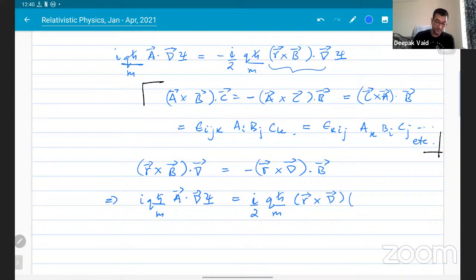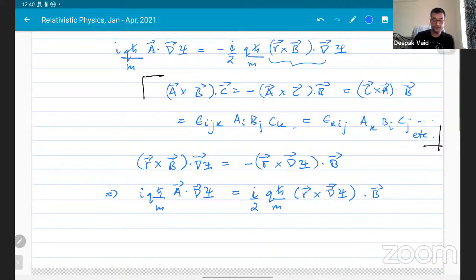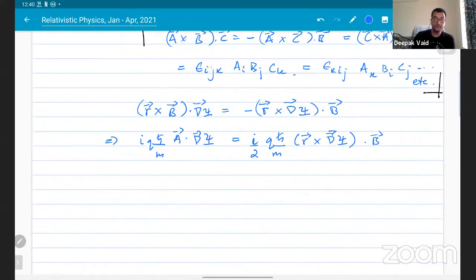And so this gradient of psi, you can just take that whole gradient of psi term and put it inside the bracket.